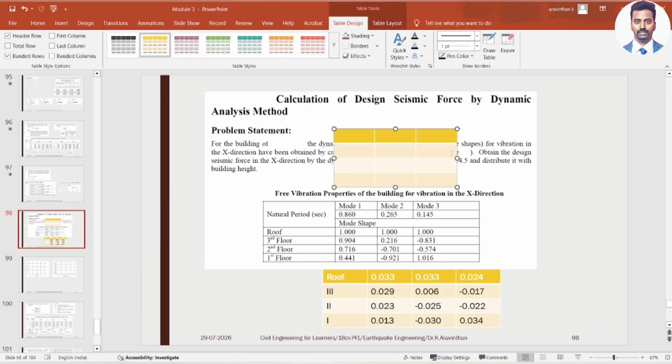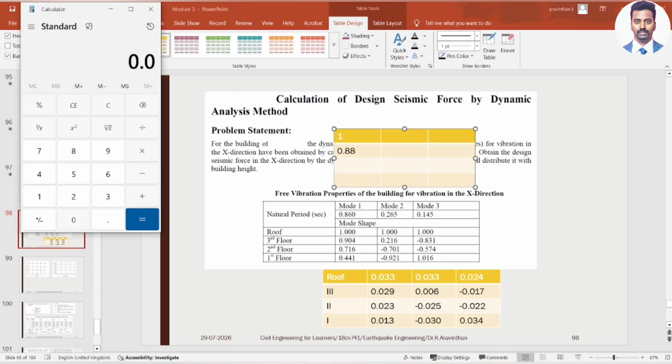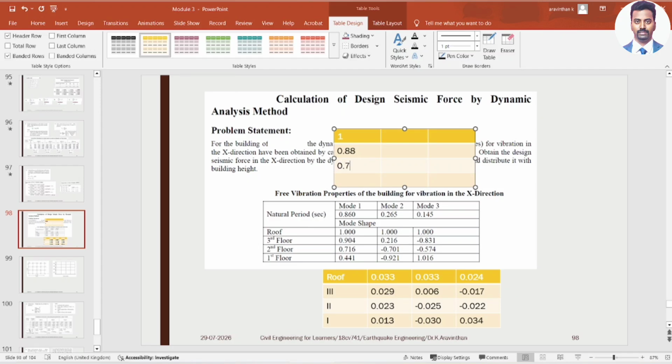The roof we are taking it as 1, and this value is 0.88, 0.696, which is 0.7 we shall take. This is the way to get the mode shape.